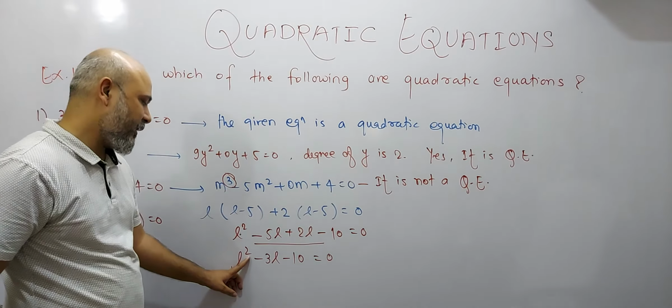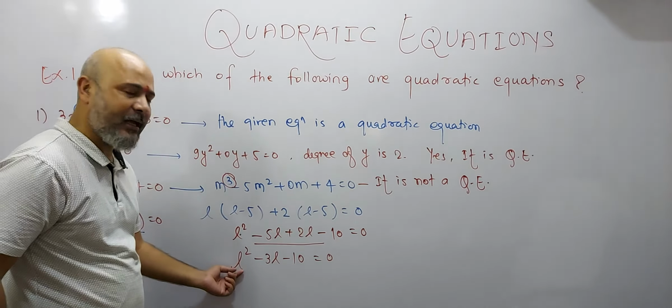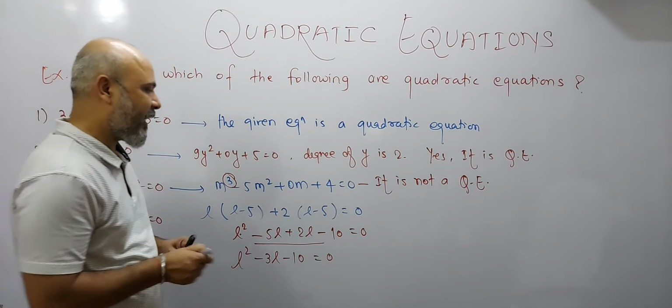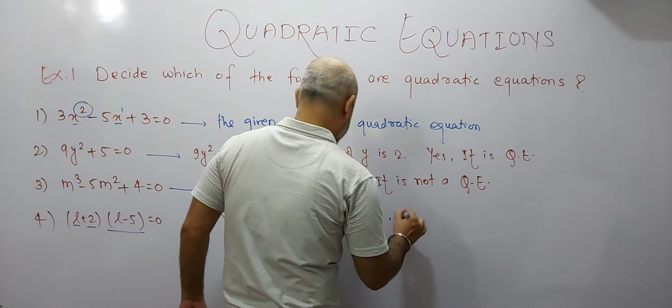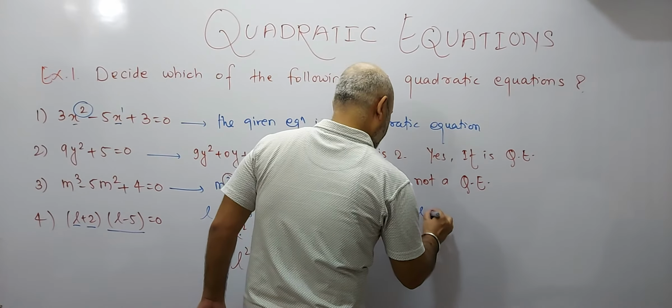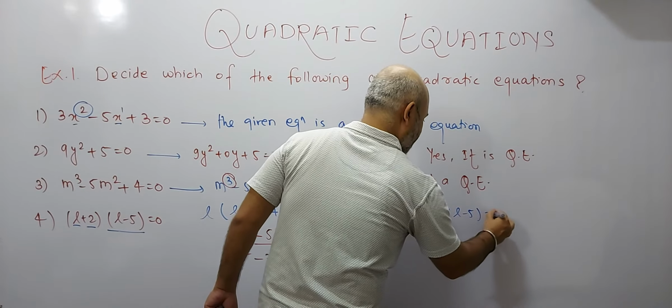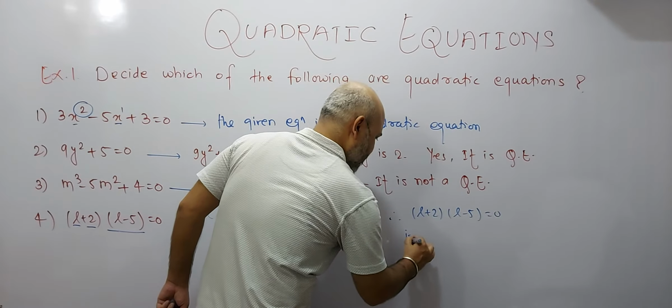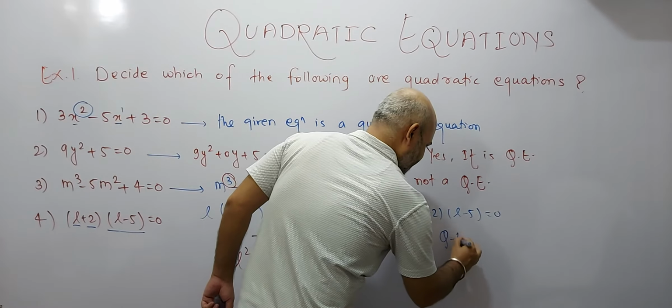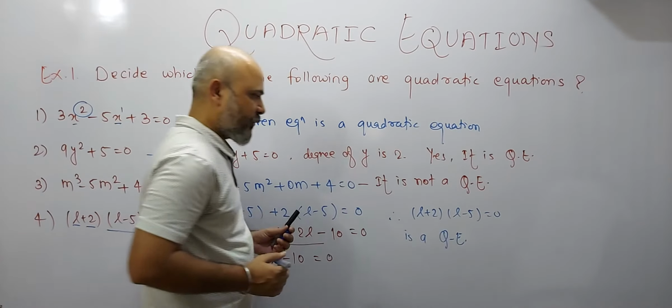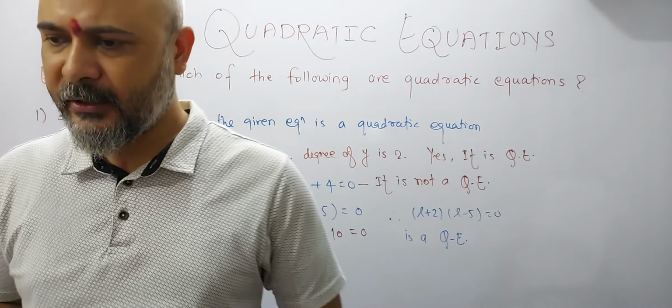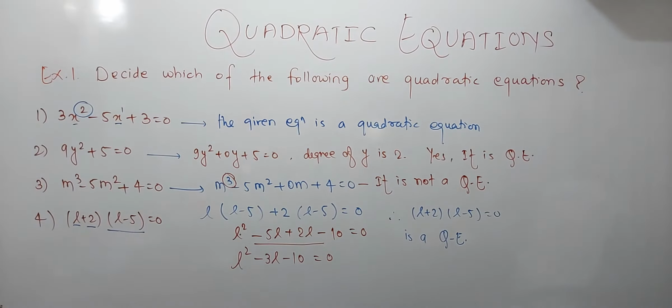So 2 is the highest degree of this variable l, and therefore we can say that l plus 2 and l minus 5 is equal to 0 is a quadratic equation. Because when you solve these two brackets, you will come to know the given equation is a quadratic equation.